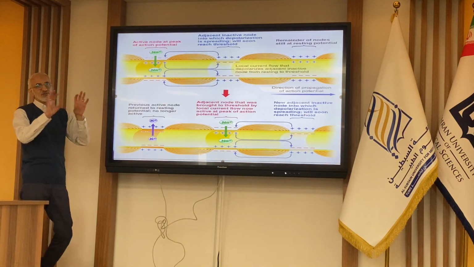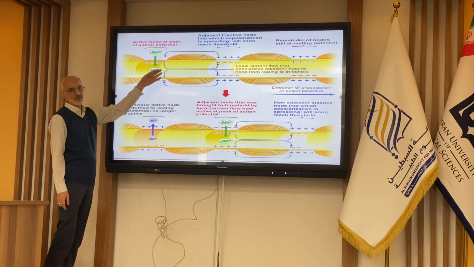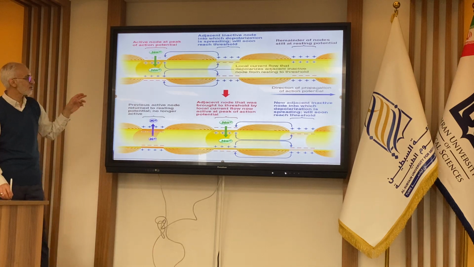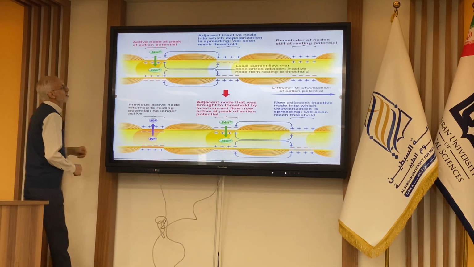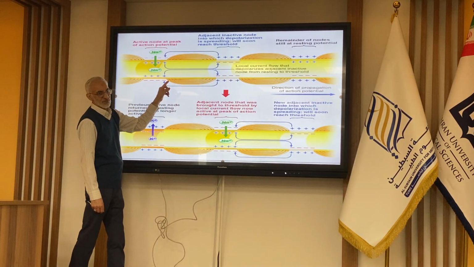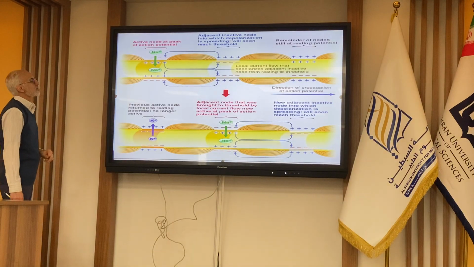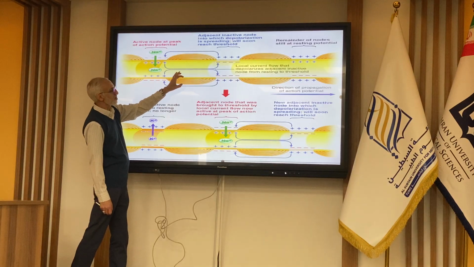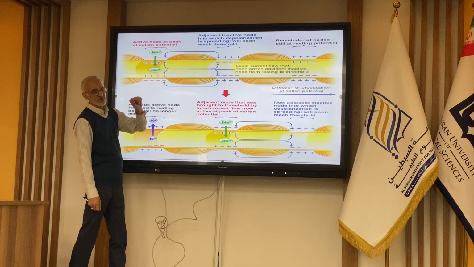Myelin is a lipid structure produced by Schwann cells. You will study it in detail, inshallah, in histology. Production of myelin produces a huge dielectric around the cell membrane.